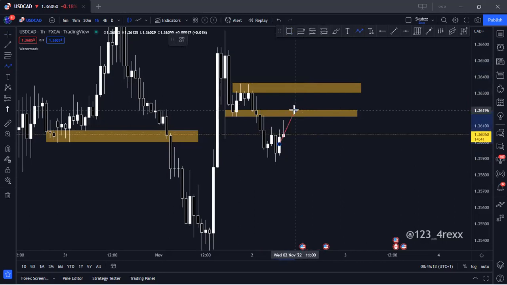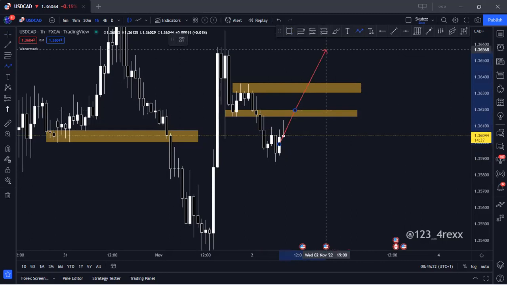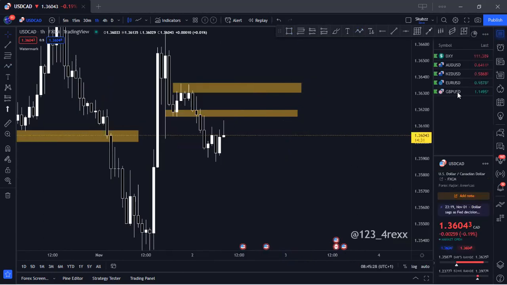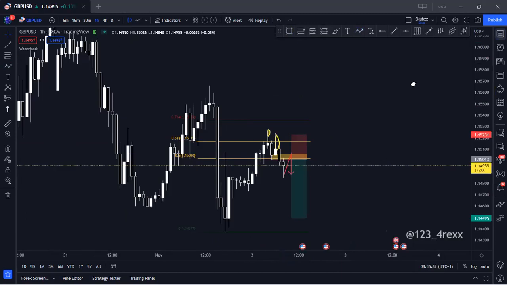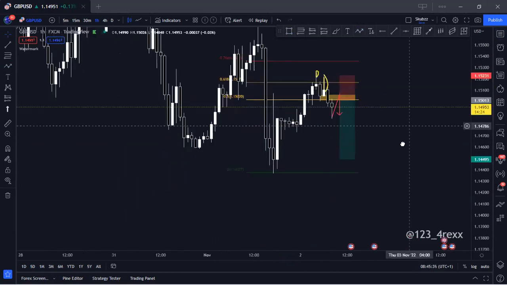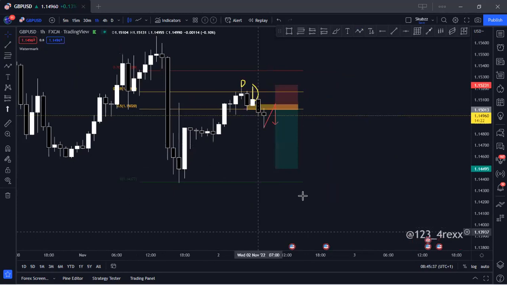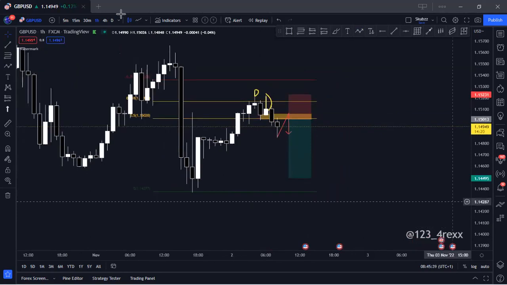A retest here, first of all. If we can't get the retest, then we'll look out to see if price will break above. So that's it. And then someone said we should go back to GU, GBP USD. Okay, GU.